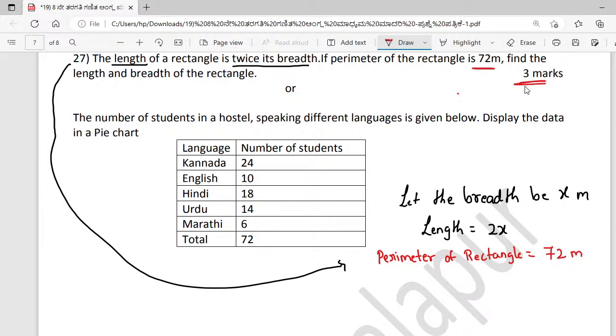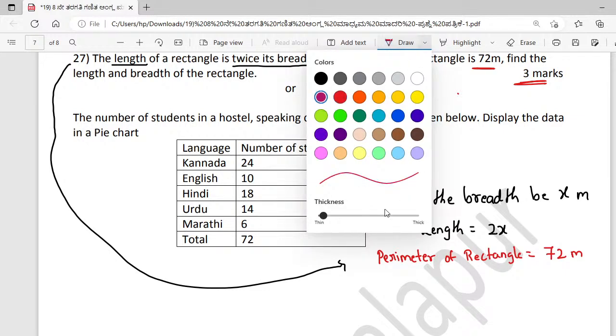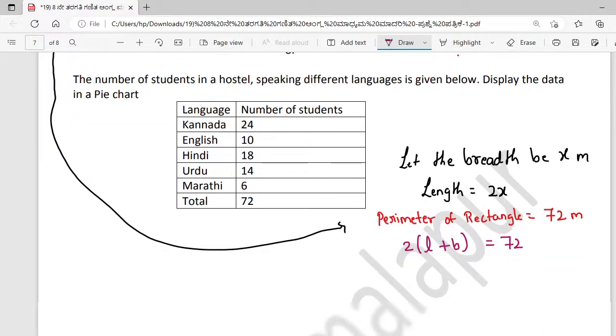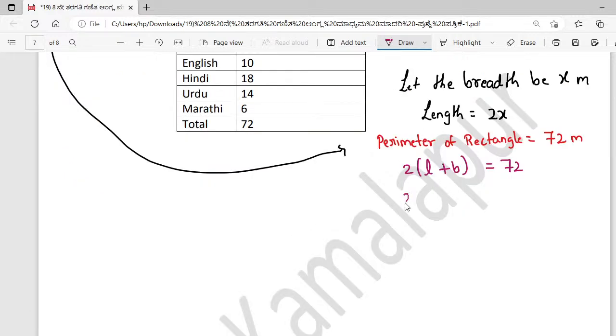It is a very important and very simple question. The perimeter of the rectangle is 72, and the formula says 2 of length plus breadth is equal to 72. We know both the values: the length is 2x and the breadth is x. So 2 of 2x plus x is equal to 72.